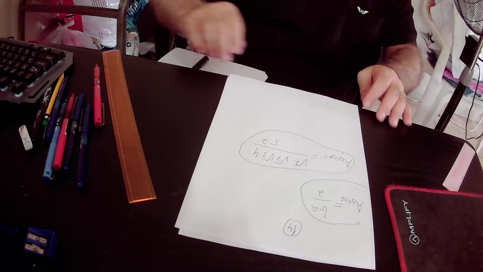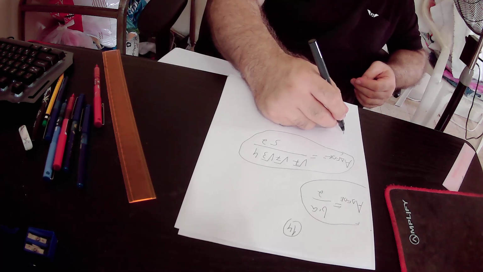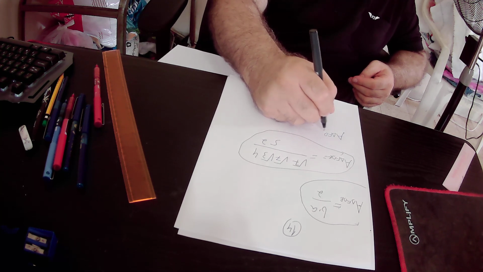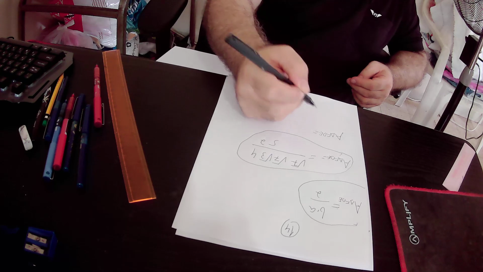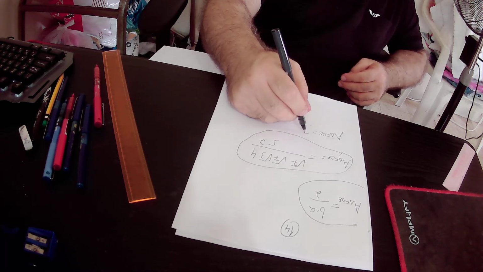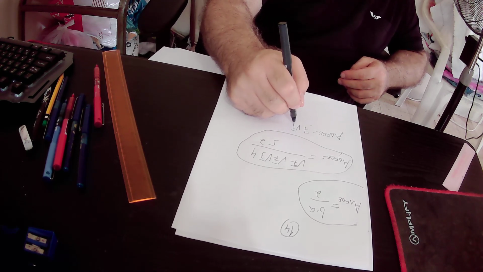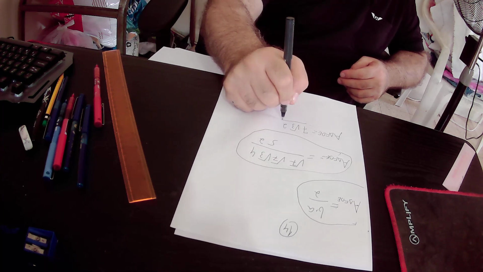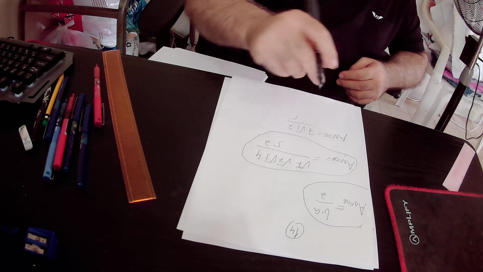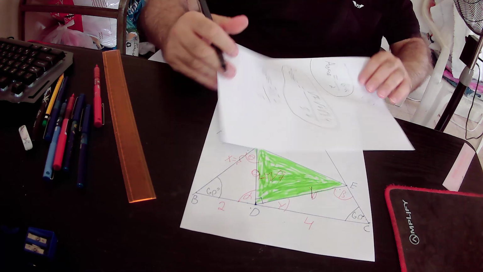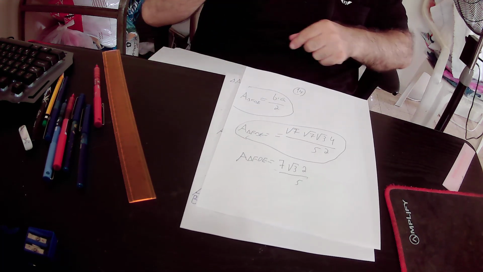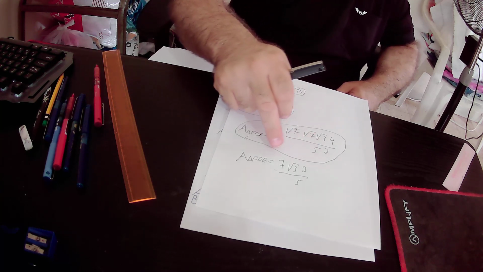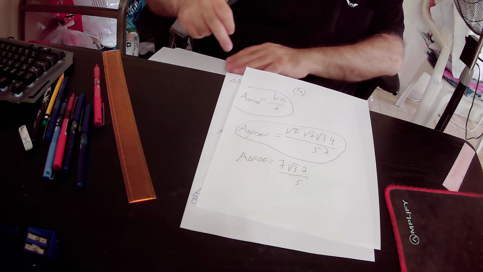The area of the green triangle FDE equals 7 times root 3 times 2 over 5.